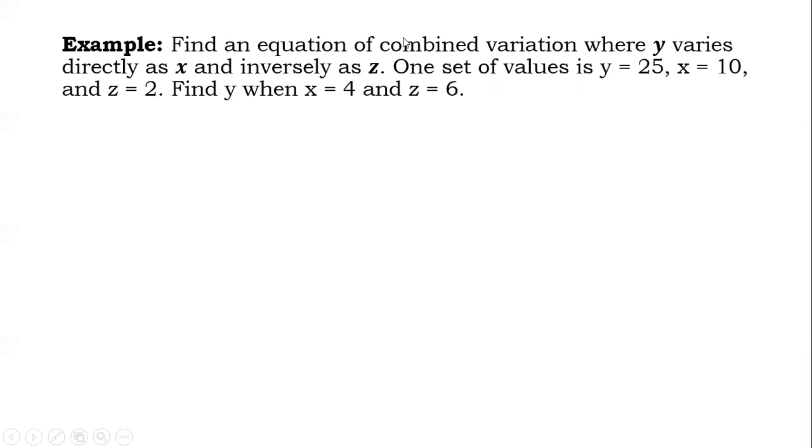Find an equation of combined variation where y varies directly as x and inversely as z. Always remember the form of the equation for combined variation. Our task is to find the equation of combined variation.